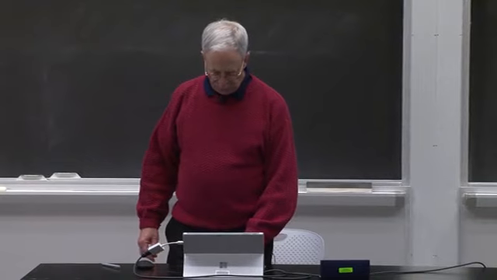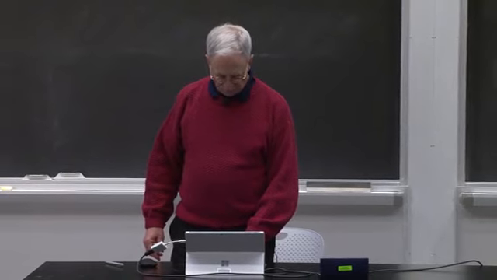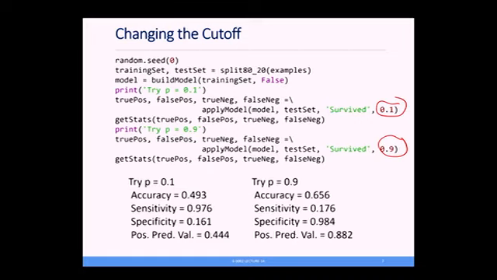So let's look at what happens when we run that. I won't run it for you, but these are the results we got. So as it happens, 0.9 gave me higher accuracy. But the key thing is, notice the big difference here.